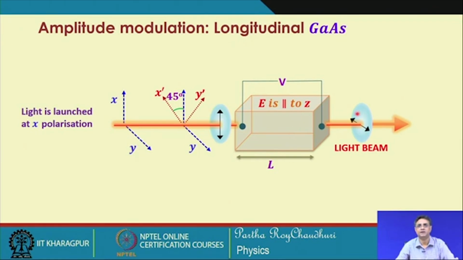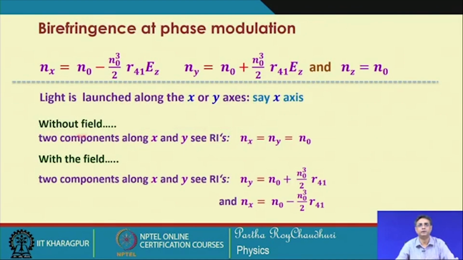And if you place an analyzer which is crossed with the input, then the light will be periodically modulated with the frequency of the input signal. So, this is the configuration: light is launched along the old x axis and it will be shared by the two orthogonal polarizations which are the new principal axis system of the crystal, and then it propagates, develops a phase delay, there is a cross polarizer, and you get a modulated output.